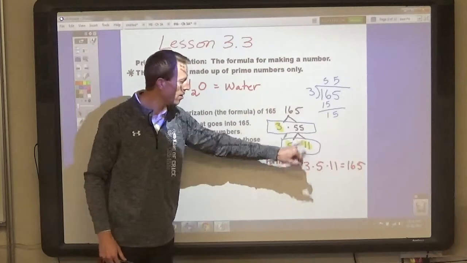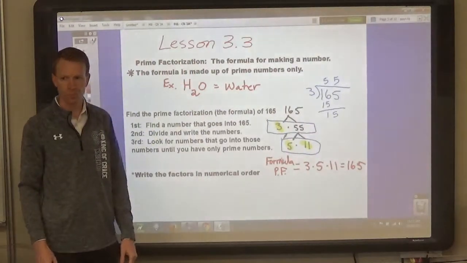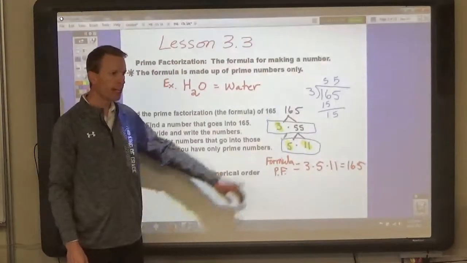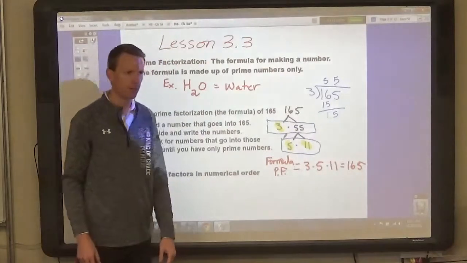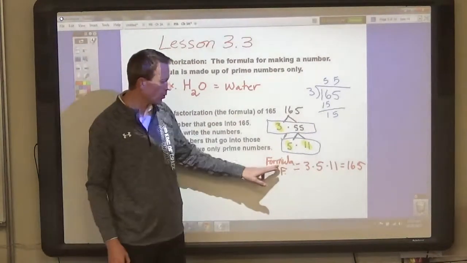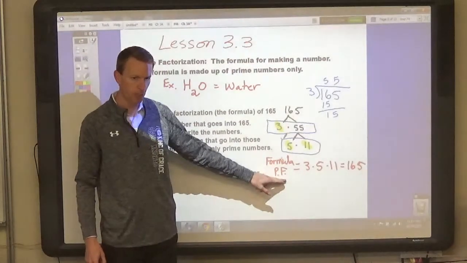If we have all prime numbers around the outside of the number, once we have all prime numbers, then we have our formula. And we write it this way. That's why it says the prime factorization, P period, F period.